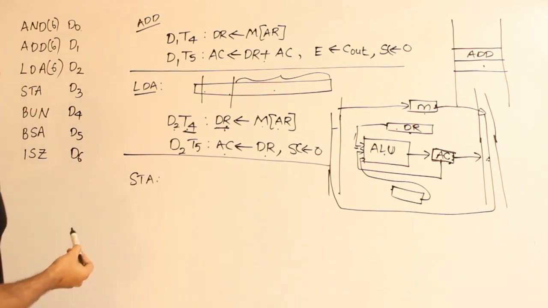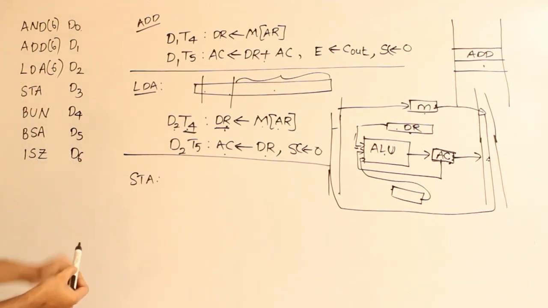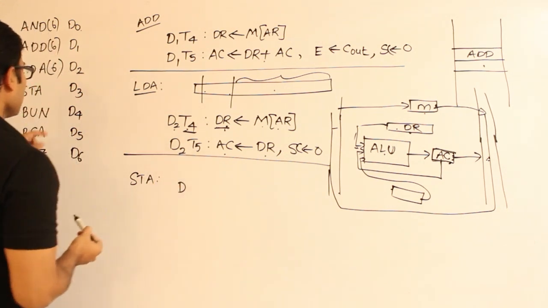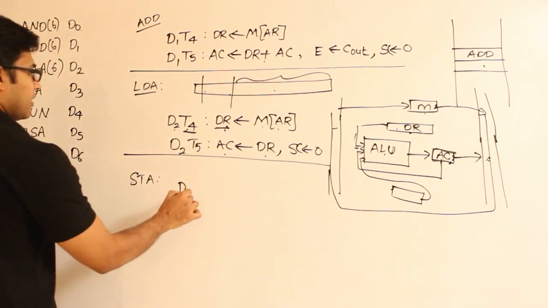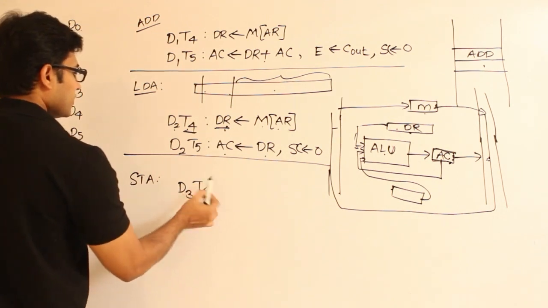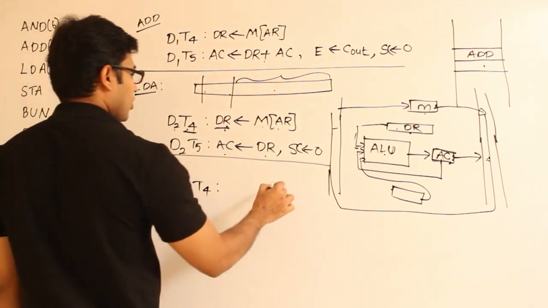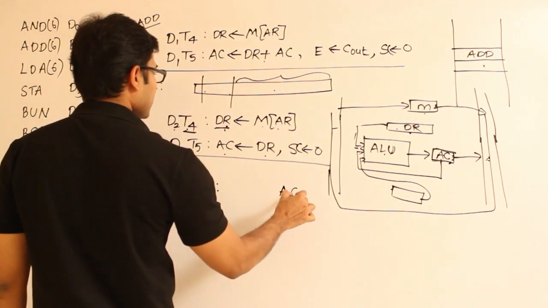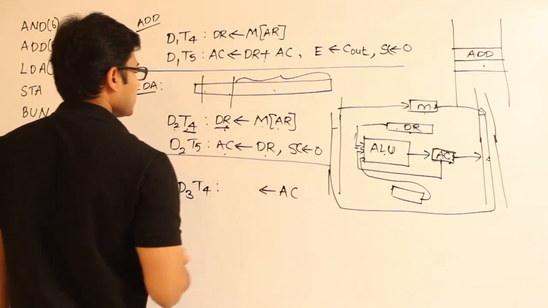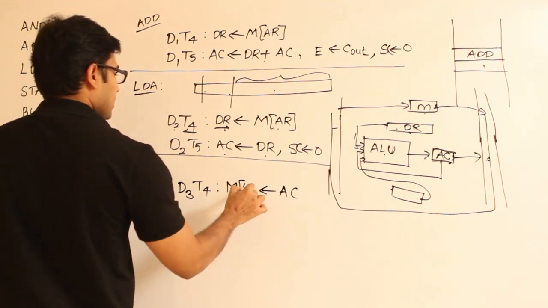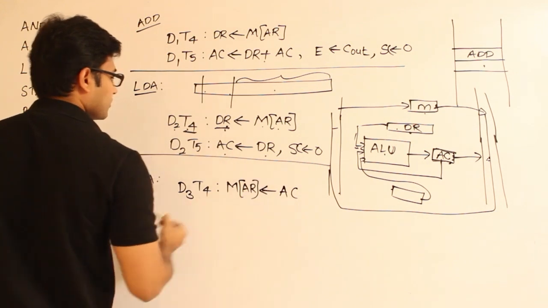So how can I identify that it is store accumulator? If it is D3, and how can I know that I have to execute it? If the timing signal is T4. If this is the case, then whatever is present in the accumulator, I have to transfer it into the memory at the address AR.